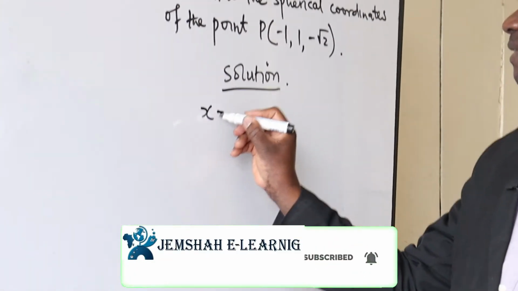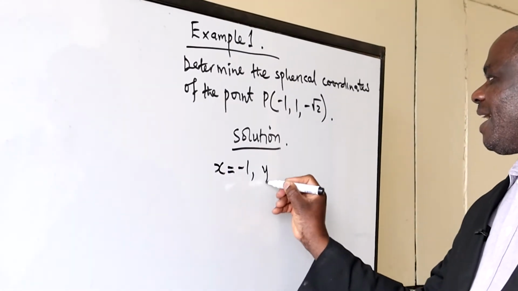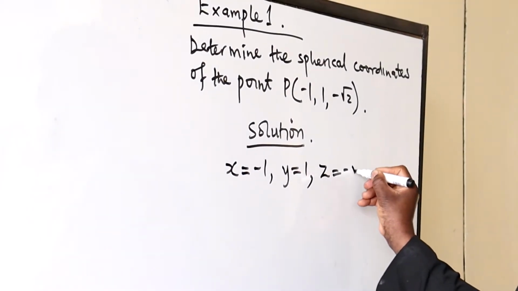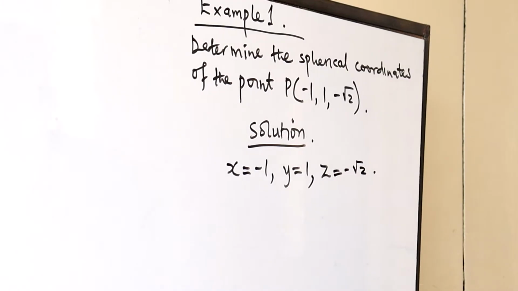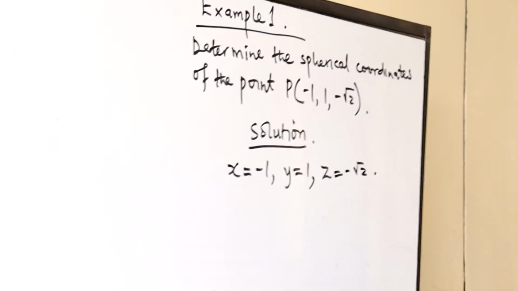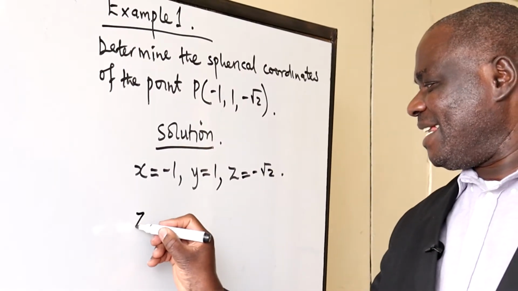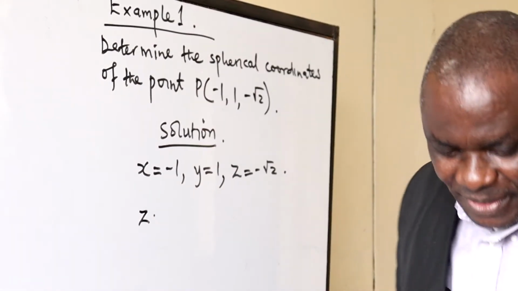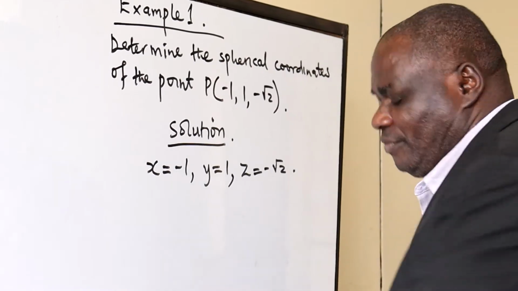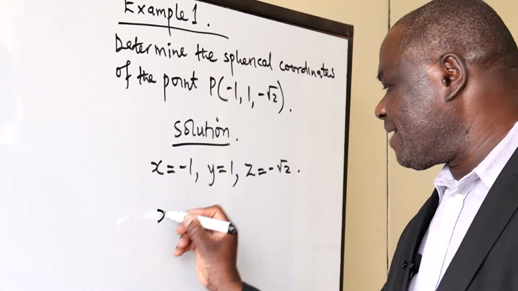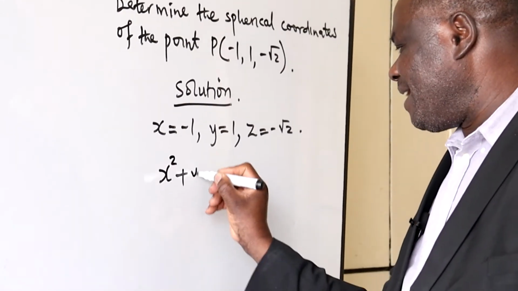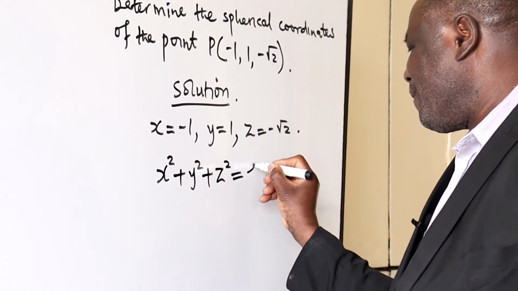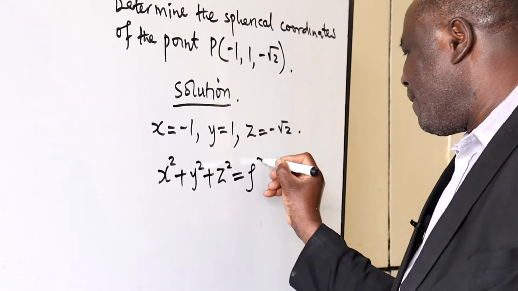In our solution, x is equal to negative 1, y is equal to 1, and z is equal to negative root 2. But we know first that x squared plus y squared plus z squared is equal to rho squared.